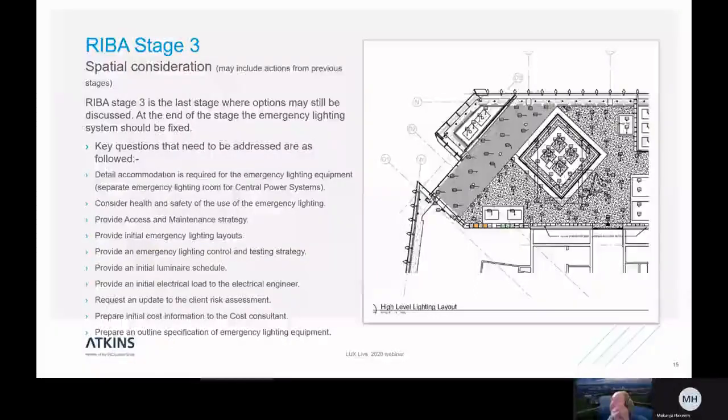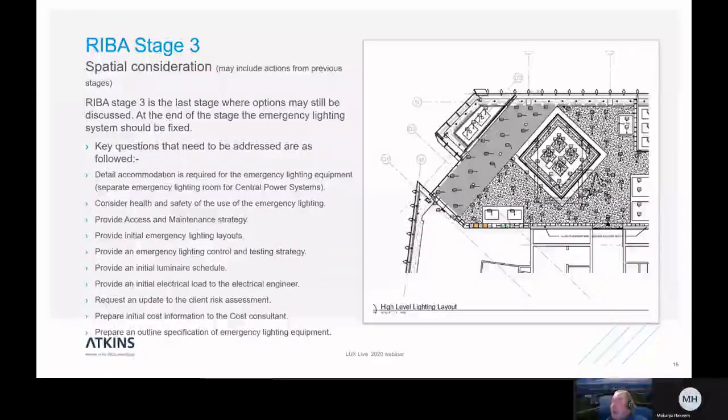Again, this is something that needs to be discussed with the client and identified as part of the risk assessment. This time we should be providing an access and maintenance strategy. So how are you going to get up and change the luminaires, especially over that staircase that has a double height ceiling above it?